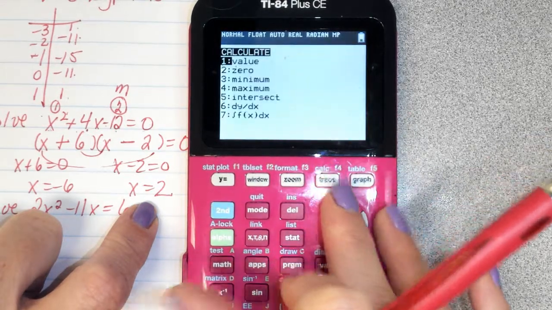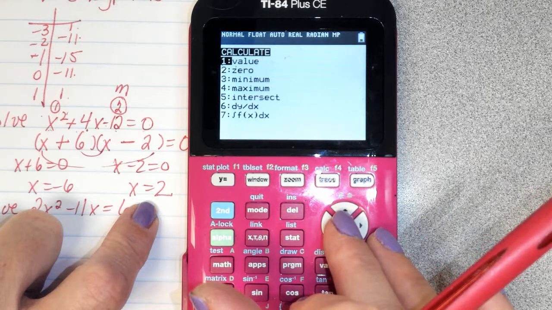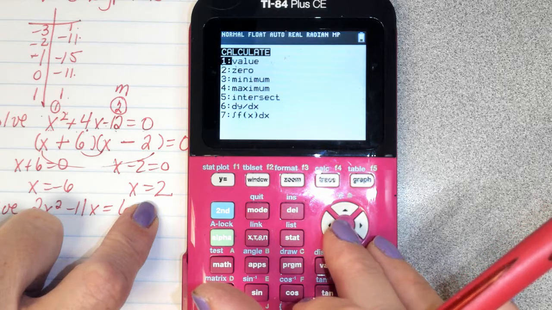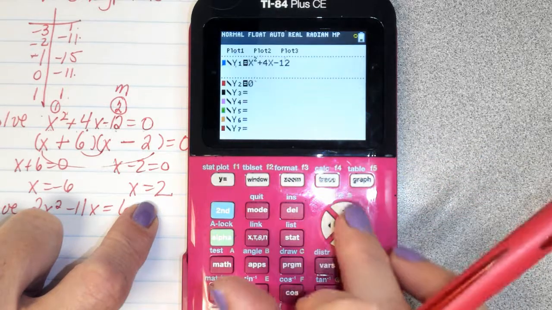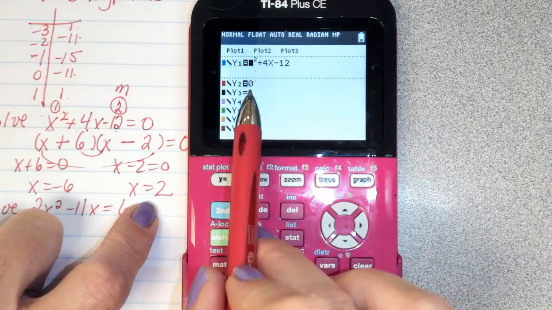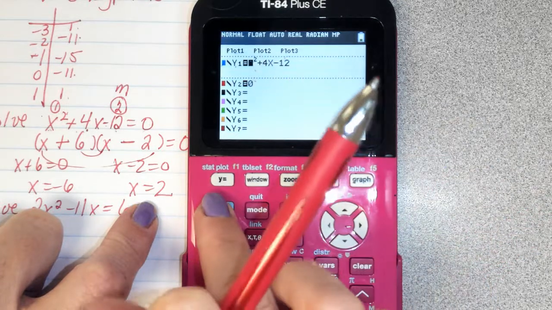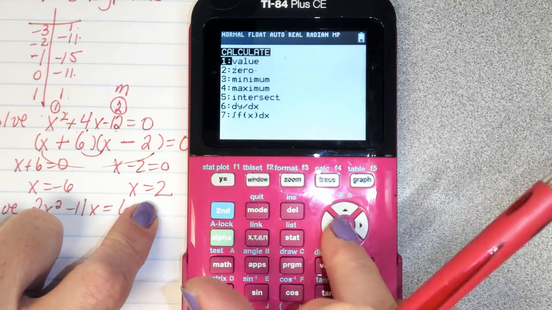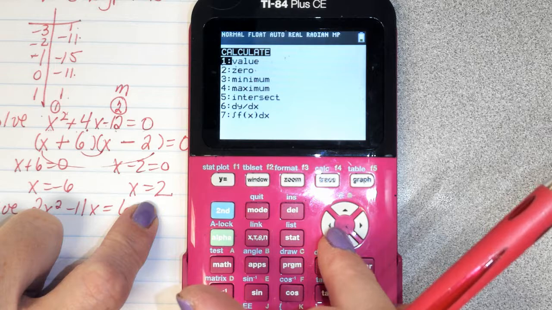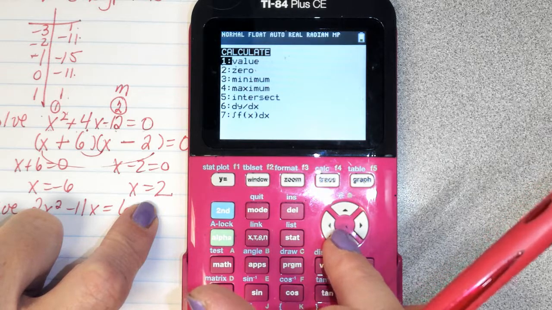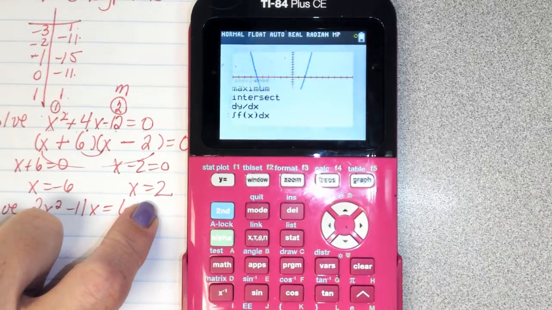Second trace, which one do I go to? Look what functions I have in, guys. I put in my parabola and I put in y equals 0. So when I go to second trace calculate, which one am I looking for? Anish? Intersect.